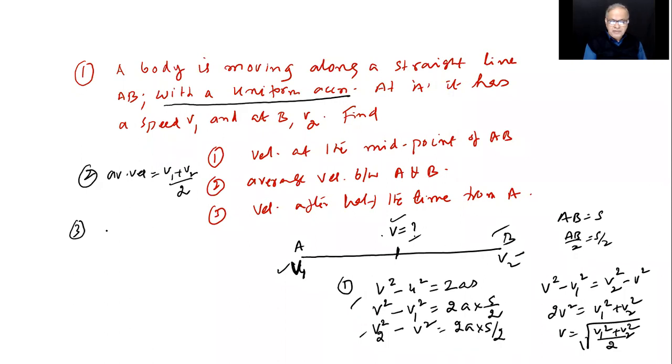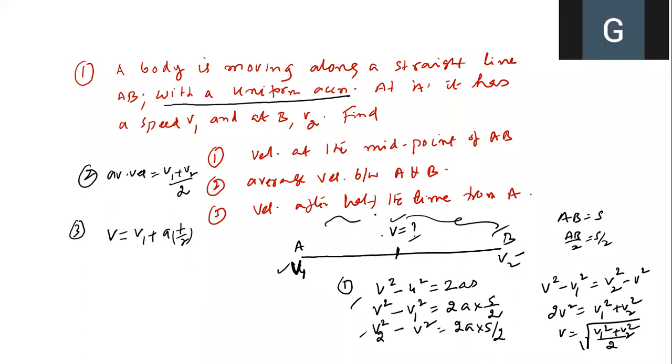That velocity after half time, you can say it is v. v equals v1 plus a t by 2. The total time you can think to be T. So after t by 2 time, v equals u plus at.